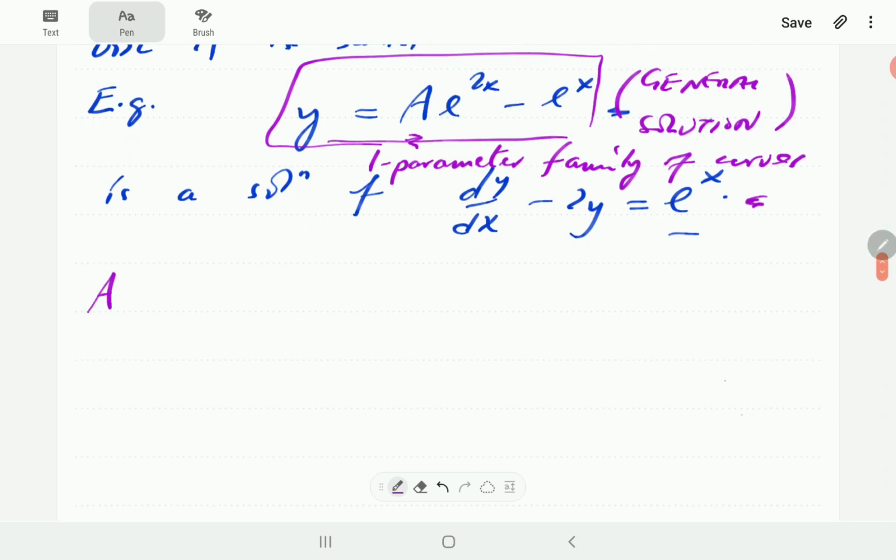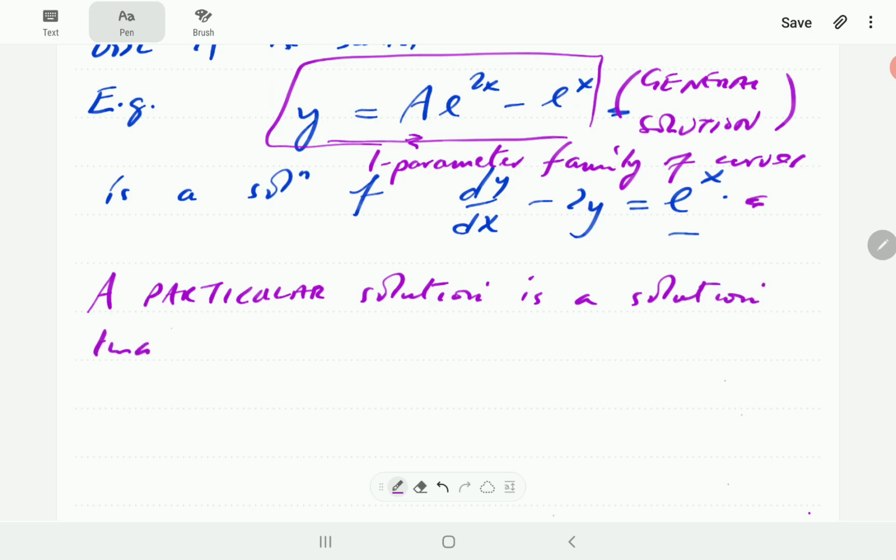So a particular solution is a solution that satisfies a given condition.